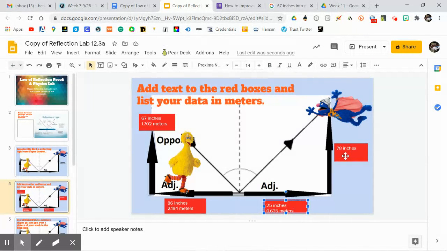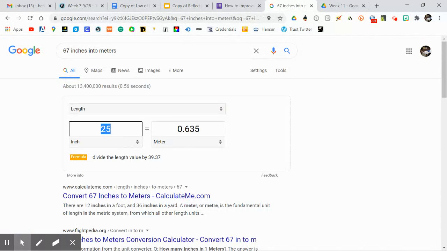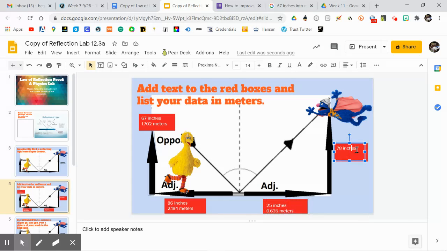And 78 inches is 1.981 meters. Okay, awesome.